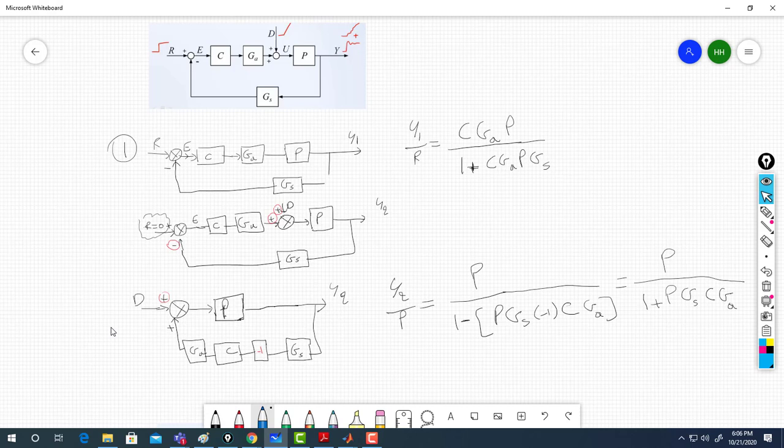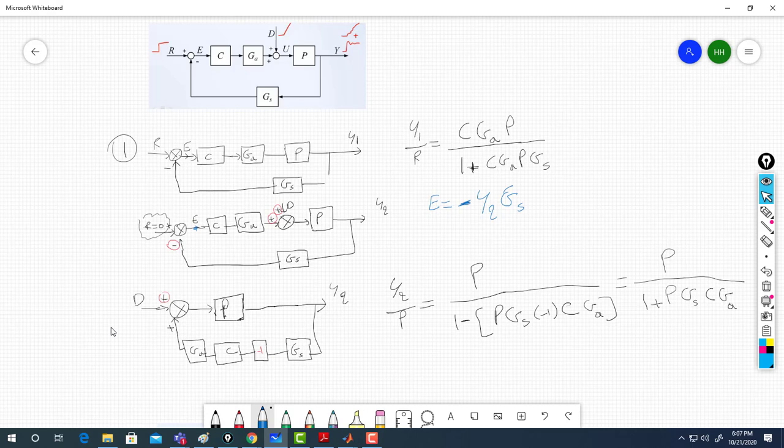But what do you have here? Here you have GS, the feedback. So here 0 minus Y2GS. So here E. What is E? If I ask you, Y2 minus the input, it is minus Y2GS. Do you able to see it?